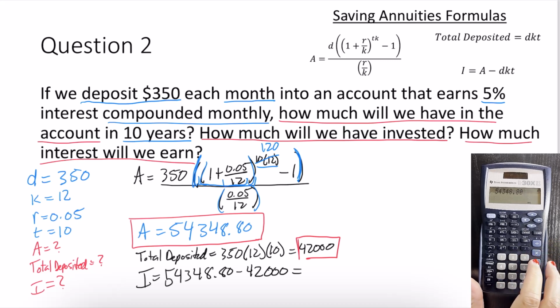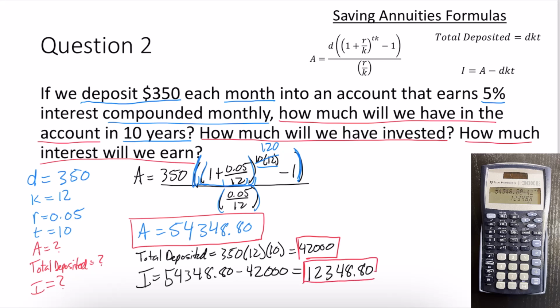So I typed in the amount I have in the account, then subtract 42,000, and that tells me that the interest earned is 12,348.80. So that's the amount of money that was made in interest. And that's how you would do question 2.